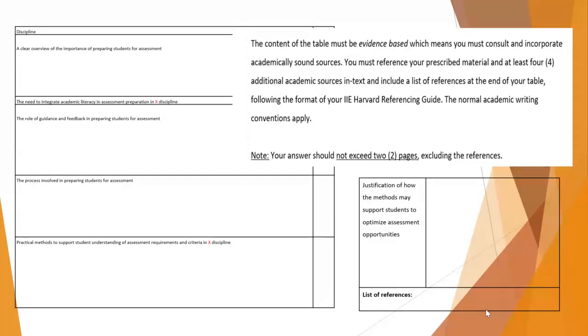So in your discipline, what practical methods or techniques can you implement to support your students to understand what is required in assessments in particular? Okay, and then the last one is a justification of how the methods support students to optimize assessment opportunities. So how is what you suggested going to optimize assessment opportunities to support students? And then finally, list of references, you can put in that block.